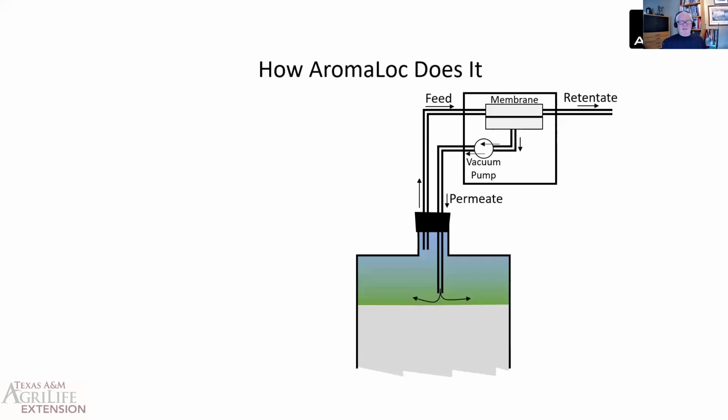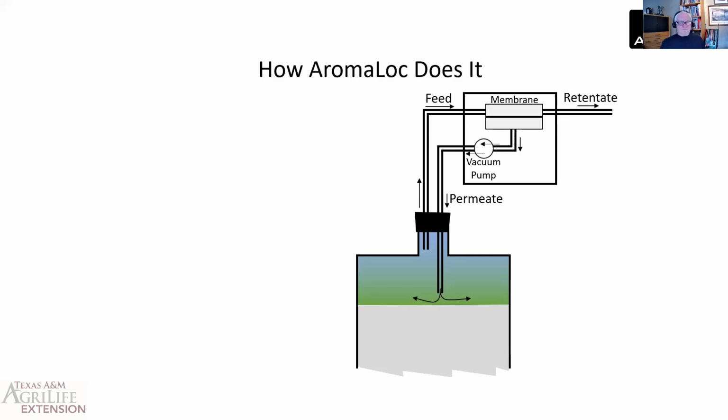Its diffusion across the membrane is assisted by creating a vacuum on the other side of the membrane. So we have a little vacuum pump in there that's sucking. That's going to help aromas move across the membrane. Anything that doesn't go across the membrane is going to exhaust. In membrane terminology, that's called the retentate. It's the stuff that's retained after gas has moved through the membrane.